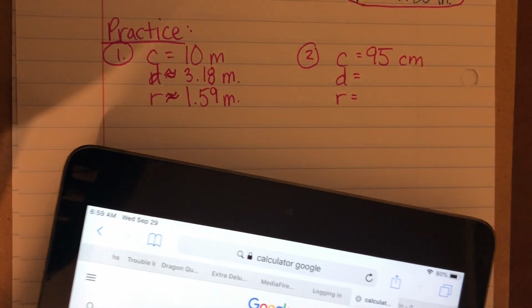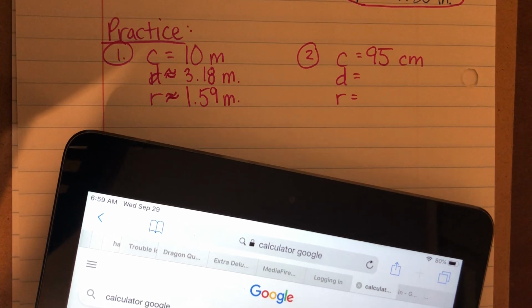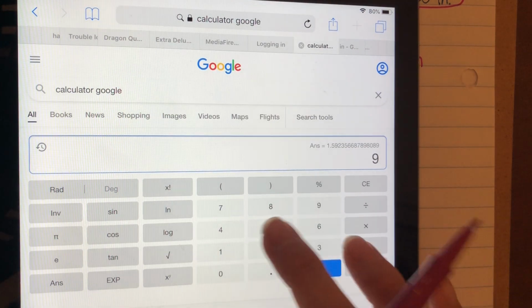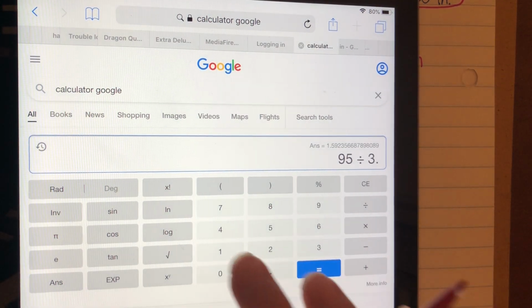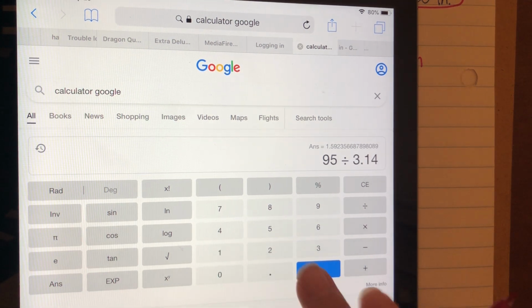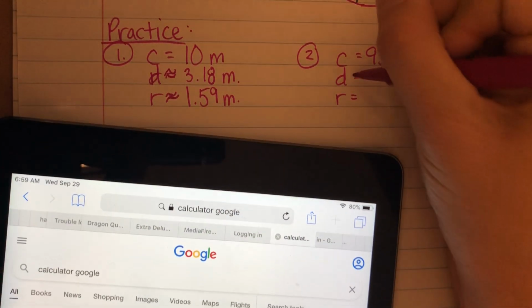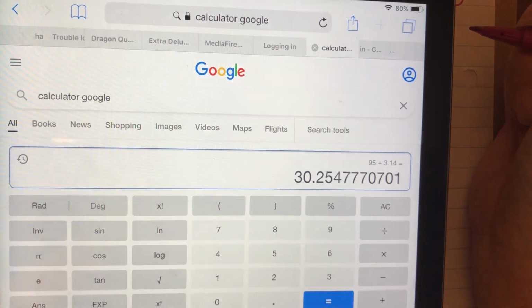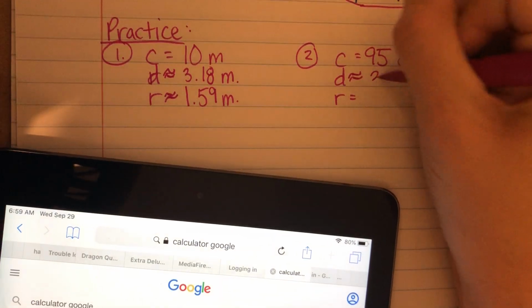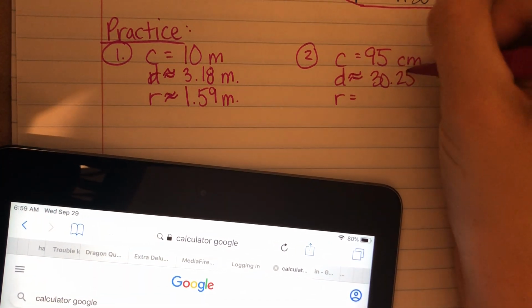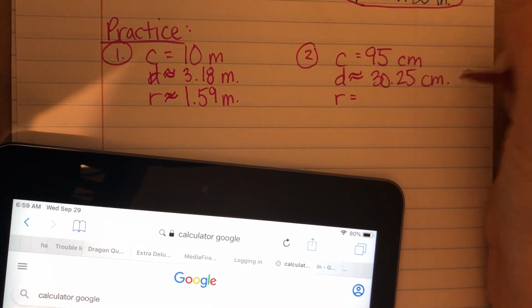Okay. All right, so that's the first one. Let's take a look at that second one. 95. All we need to do is divide by pi. Okay, so the diameter, and I'll round this, it's going to be approximately 30.25 centimeters.